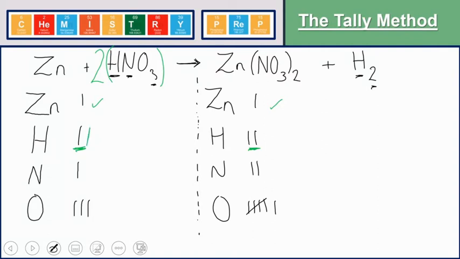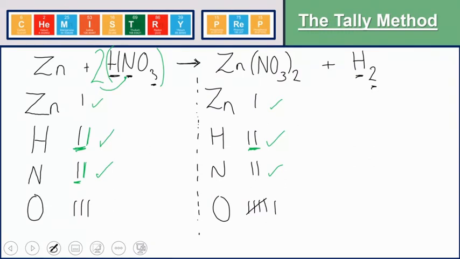Okay, so now I've got 2 hydrogens and I've accidentally screwed with everything else. Ugh. Okay, let's just tick off my hydrogens and let's see what damage I've done. I did have 1 nitrogen before, but now I've got 2 lots of nitrogen in total. So there we go. Oh, bonus. Accidental balancing. Love that.